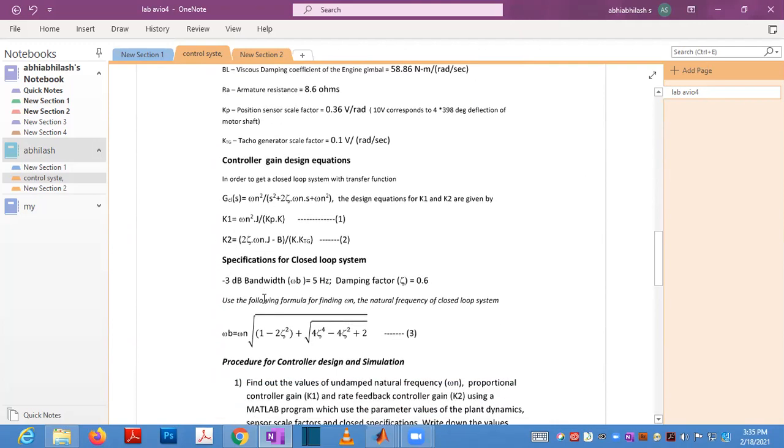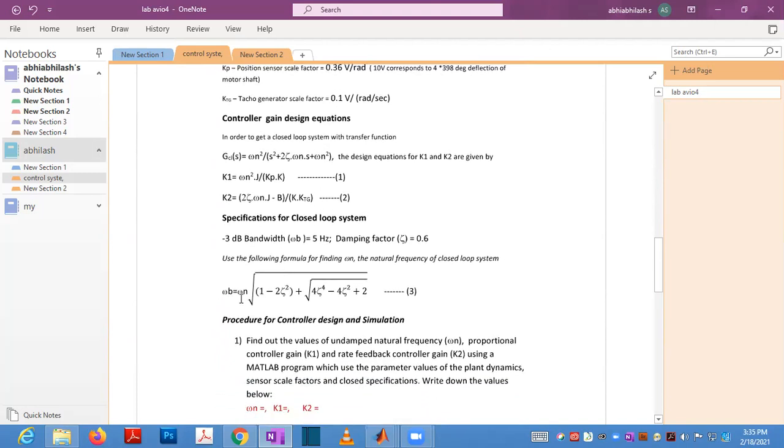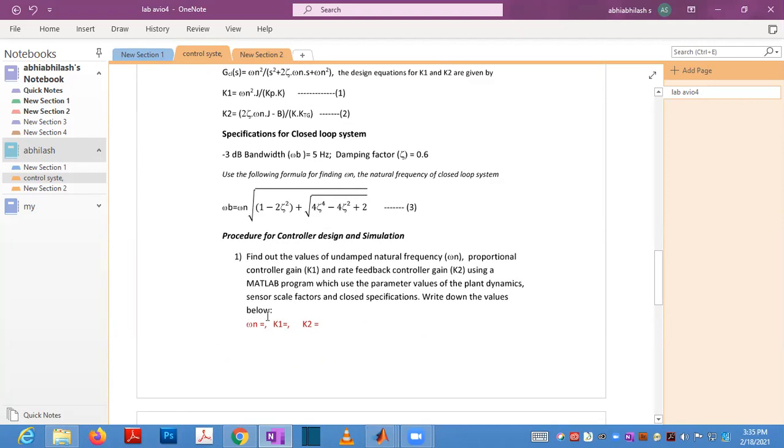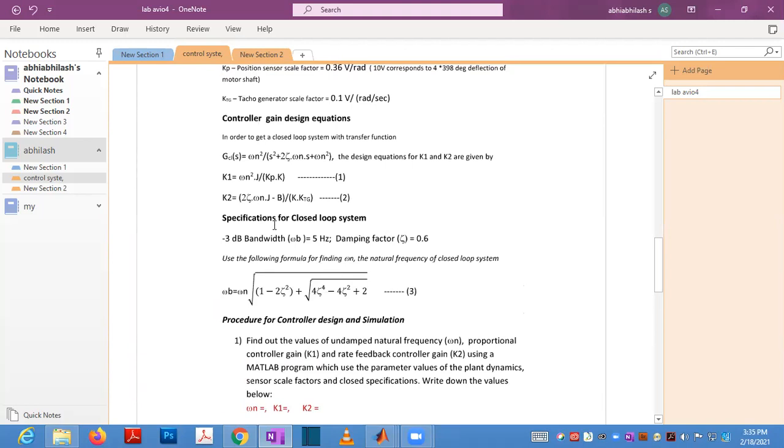So you substitute those things here. Omega b is equal to omega n into this one. So omega b is given, and omega n you have to calculate. Omega n is equal to omega b divided by this entire thing. Here zeta is the damping factor. And K1, K2 we can derive using these two equations.